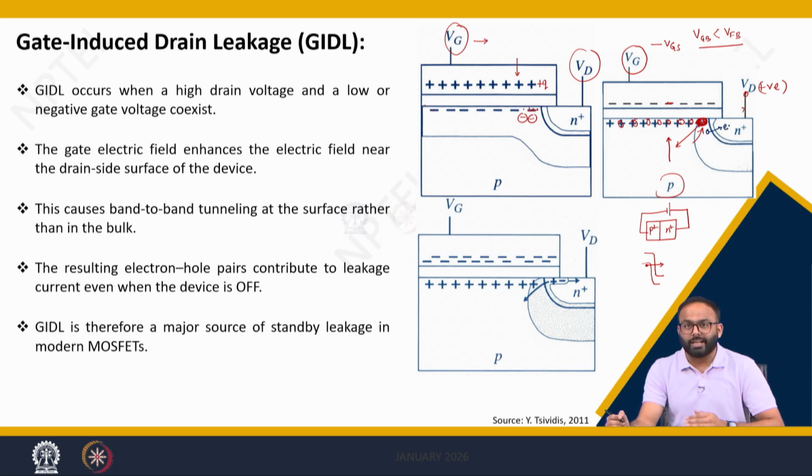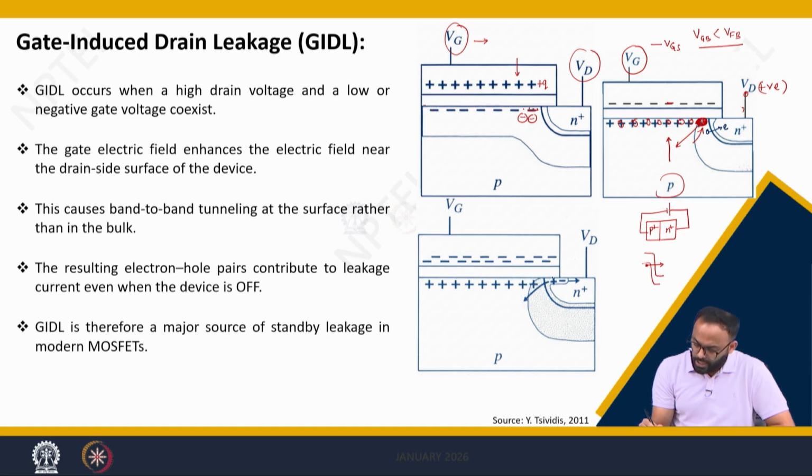Now, there might be a case that this tunneled electron will get enough energy because of this potential and there will be electron hole pair generation. Because of this EHP, there will be a chance that this negative charge will deplete the N plus region locally.